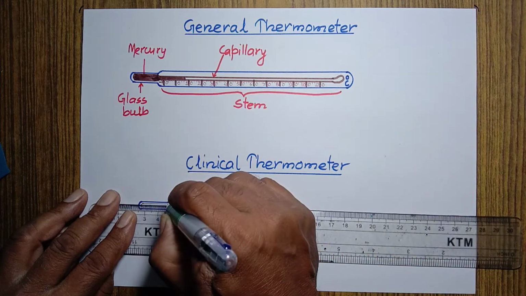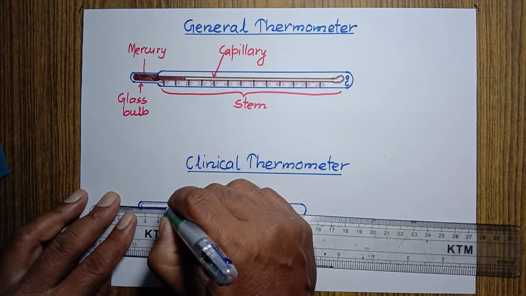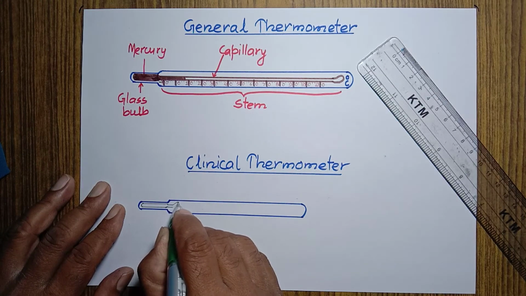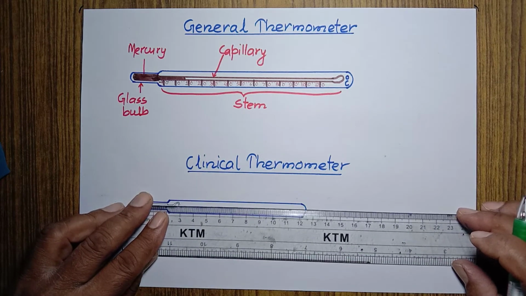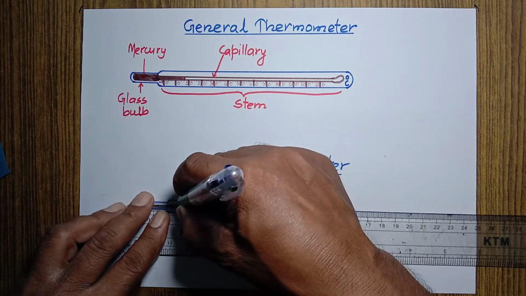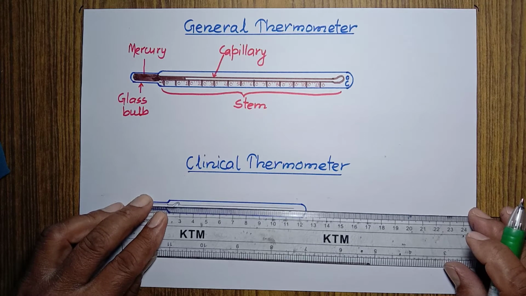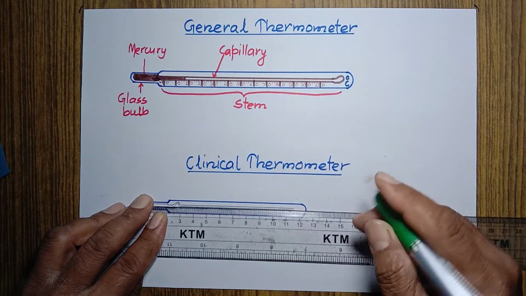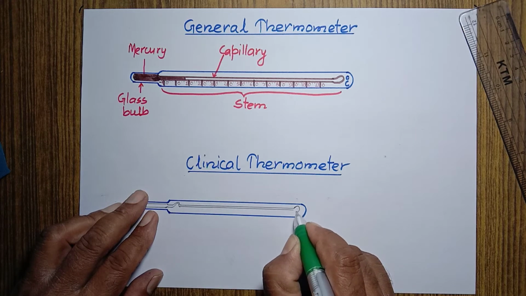But we have to remember that just above the glass ball, the capillary is bent like an English letter C, this way. It is called a constriction. And we have to show the constriction. This is the major difference between the general thermometer and the clinical thermometer. And this is, let's say, the expansion ball.